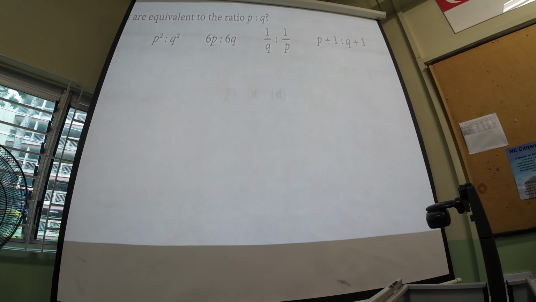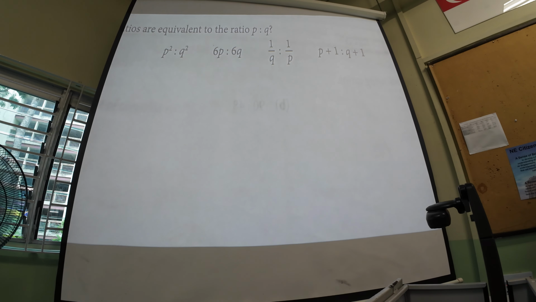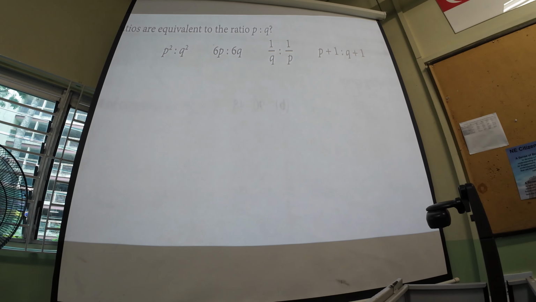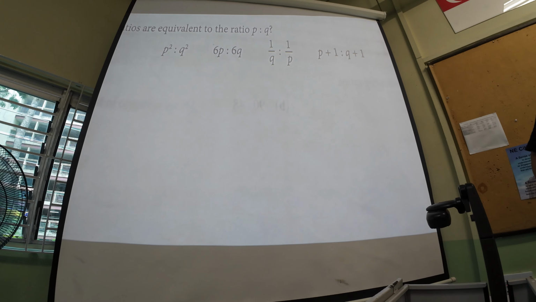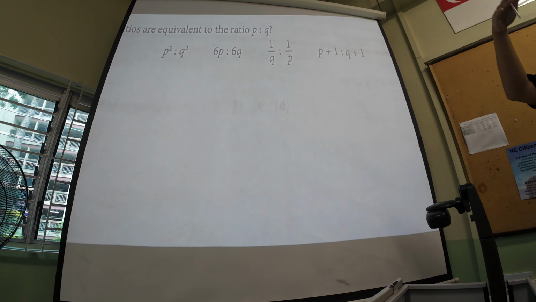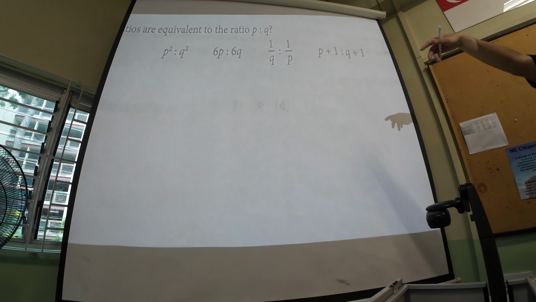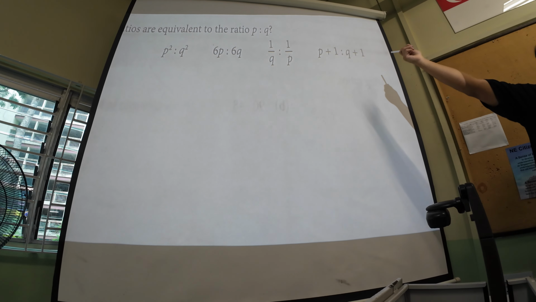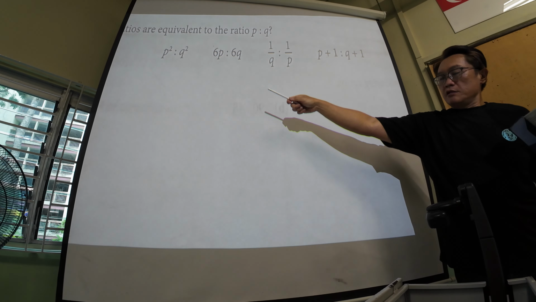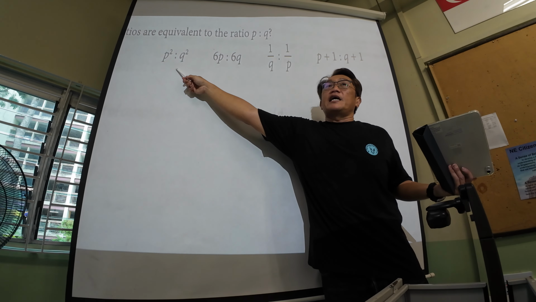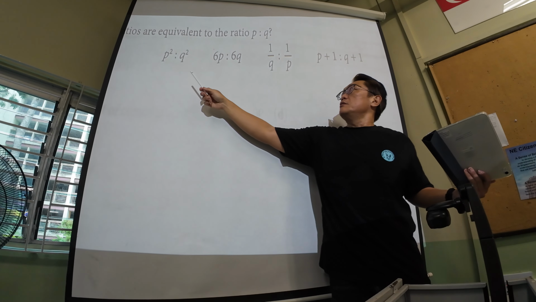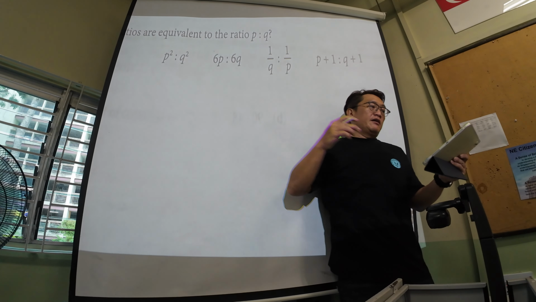Don't be scared just because there is P, there is Q, there are alphabets. They mean the same thing as just numbers. If there is a ratio, some number to some number, does it mean that if I square both sides, it will still be the same ratio? First one, we think about this one first.